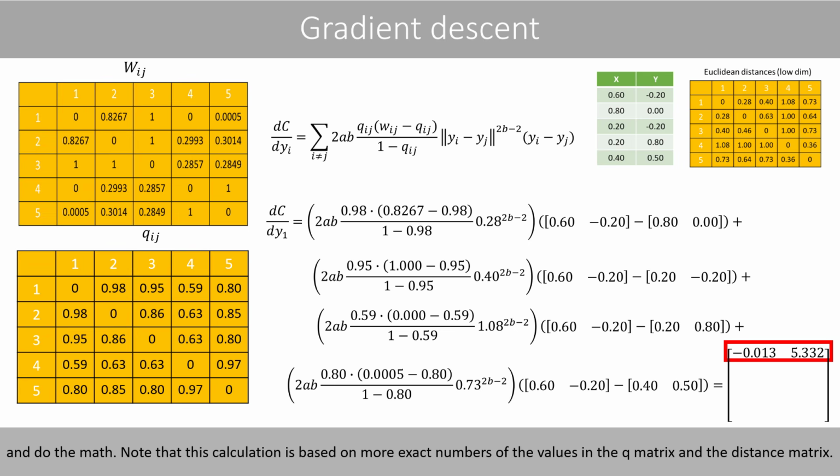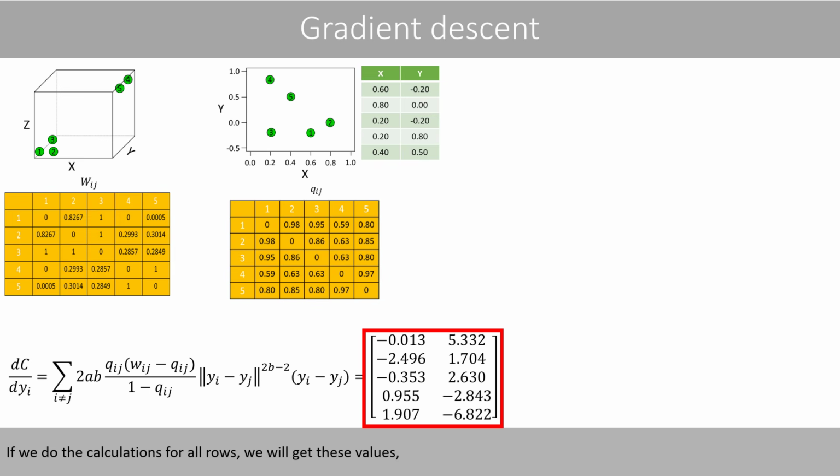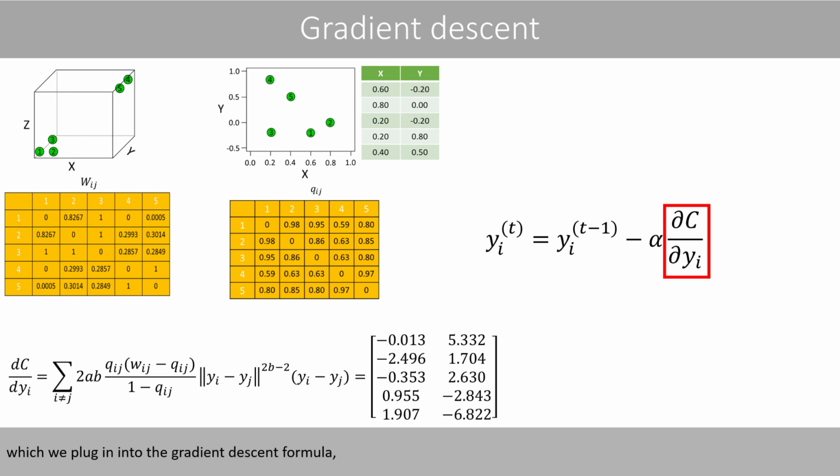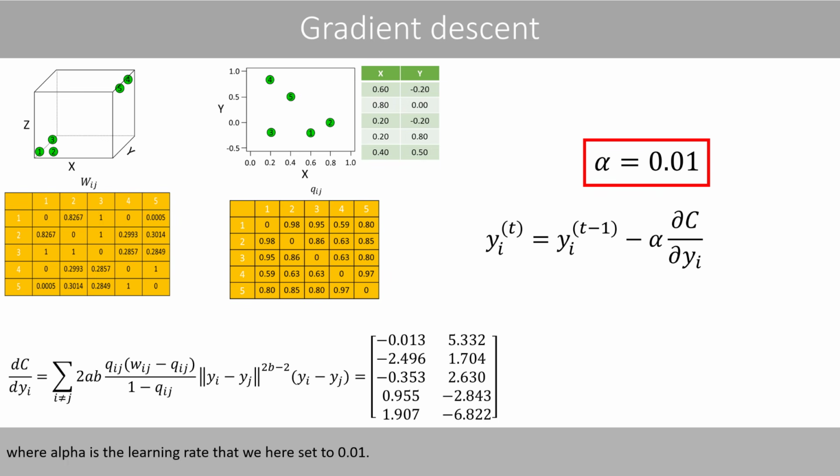Note that this calculation is based on more exact numbers of the values in the Q matrix and the distance matrix. If we do the calculations for all rows, we'll get these values, which we plug in into the gradient descent formula, where alpha is the learning rate that we here set to 0.01.